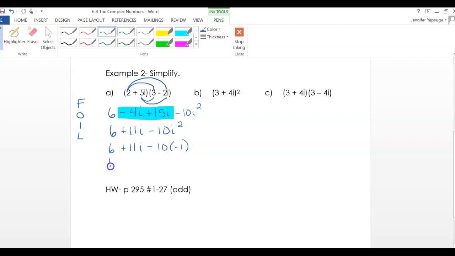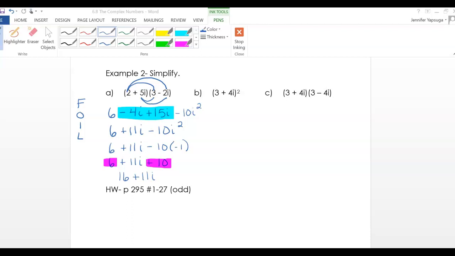So this now gives me 6 plus 11i plus 10. If I combine my like terms here, I've got a 6 and I've got a positive 10. So that's going to give me a final answer of 16 plus 11i.